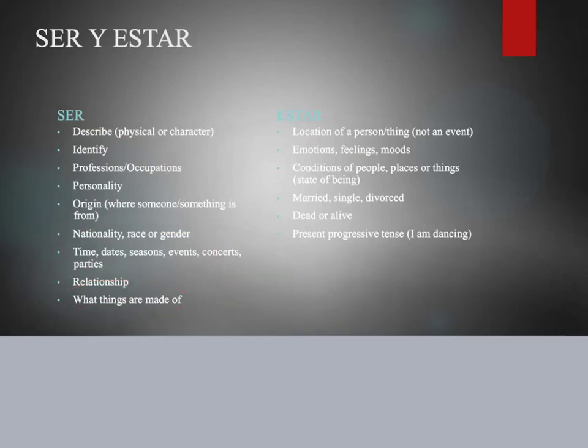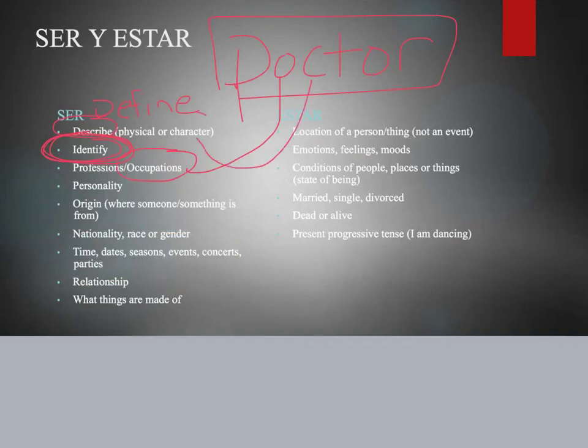Okay, so for the most part, we're going to use ser always when we want to identify or we want to define which thing we're talking about. Okay, I also like to use, and I know some other teachers use, the device DOCTOR: D for describe, O for occupation, C for character, T for time, O for origin, or R for relationship.